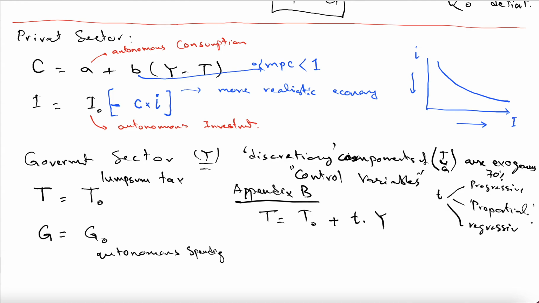Proportional is the middle ground, where everyone pays a fixed rate of tax. So in Appendix B, we have discussed this case. But in our simple model, we assume that the government takes a lump sum tax from all citizens and spends a lump sum amount of government spending.